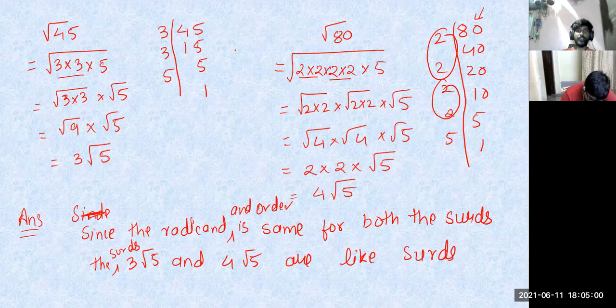Okay, the surds 3 root 5 and 4 root 5 are like surds. Did you understand the sum?